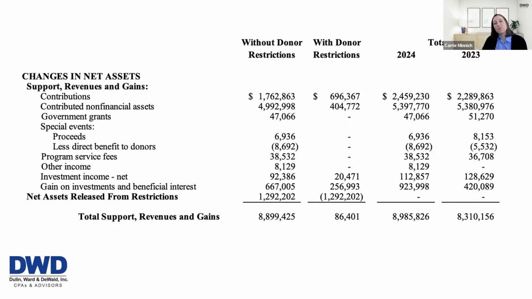Sometimes that's money that has been received in the prior year, and because of restrictions, we haven't been able to spend it until the current year. So this with donor restrictions could include expenses for amounts that were received in a prior year. So your revenue and expenses will not always match up, and that is okay, and that's how it is in the nonprofit world.